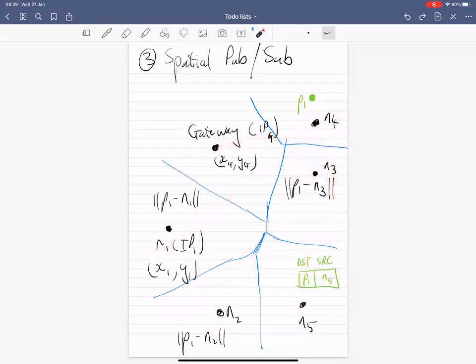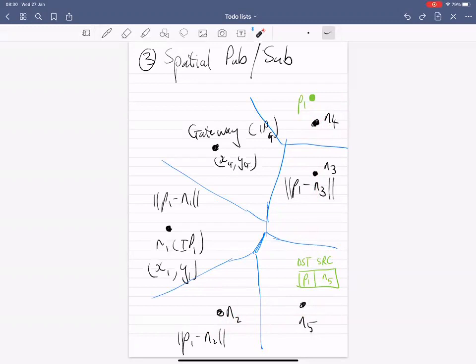But if something goes wrong with the Voronoi overlay network, where these two are supposed to be neighbors, but somehow one of them thinks they're not neighbors anymore, then what could happen is that when you try and route to that guy over there, this link is broken and the message never gets there. So in a sense, and this is where Shunyan must correct me, it means that this node is not visible to that node anymore because it can't send it messages anymore.